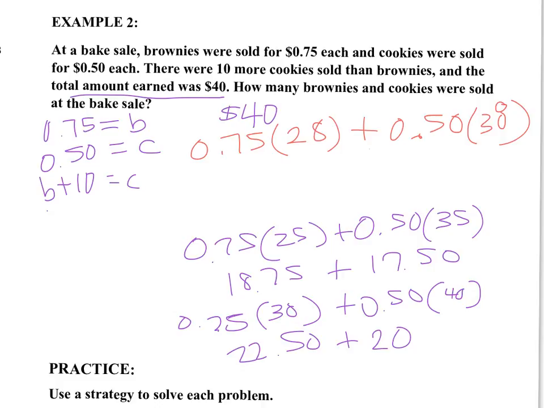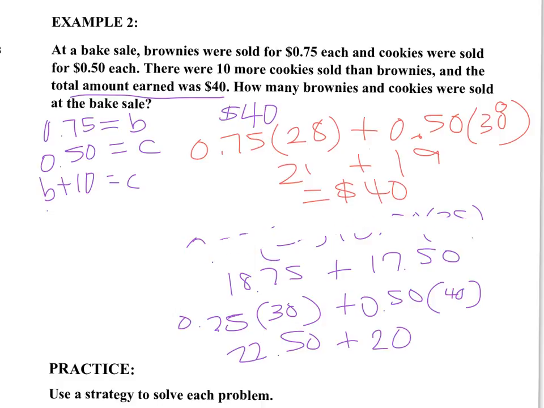So when I multiply 75 cents times 28, that's $21, plus 50 cents times 38, and that's $19. And it turns out that 19 plus 21 equals exactly $40. So I found my solution.